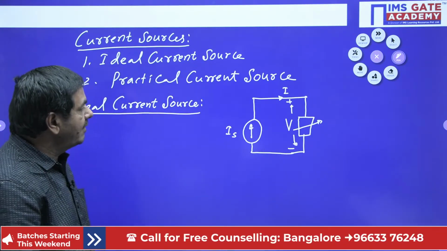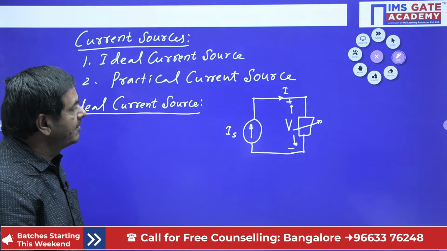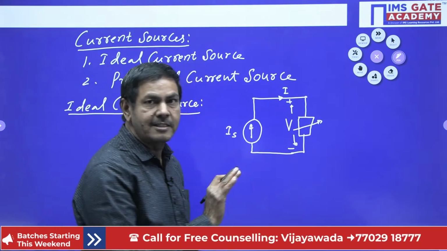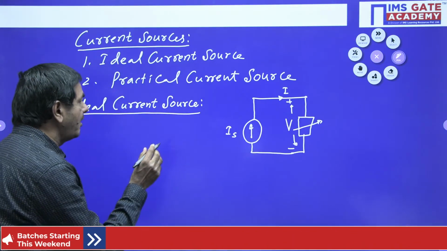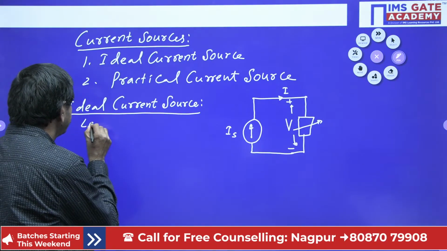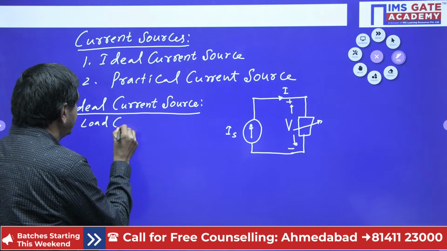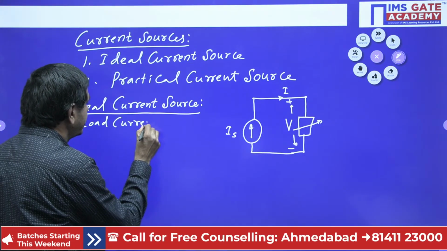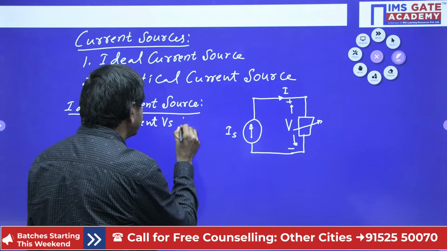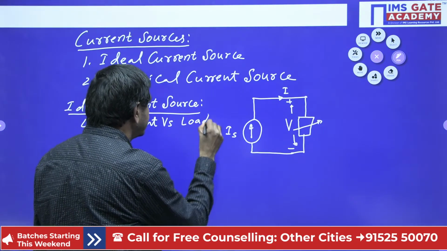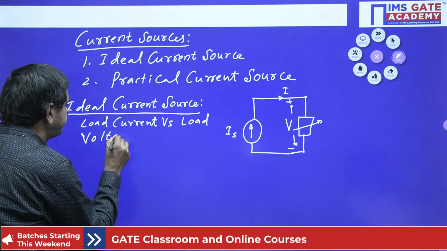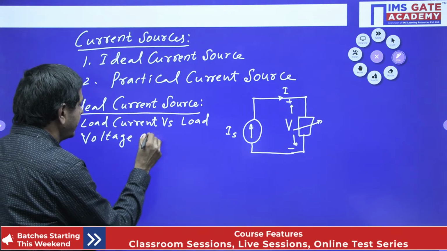But how the VI characteristics of load current versus load voltage is to be plotted is very important here. I want to draw the diagram in this way. Load current versus load voltage characteristics.